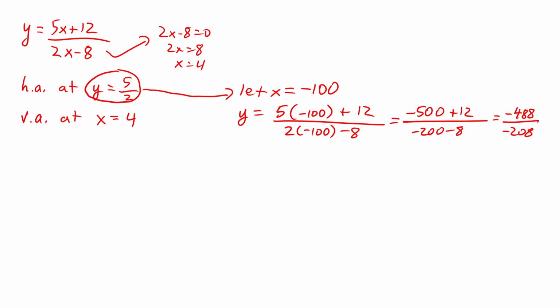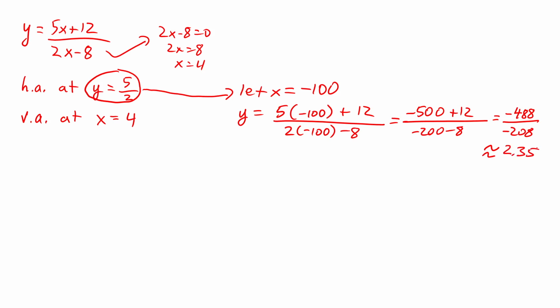Now, we can determine a decimal approximation for that in order to allow us to compare it with the y value of the horizontal asymptote. Well, this is approximately equal to 2.35.